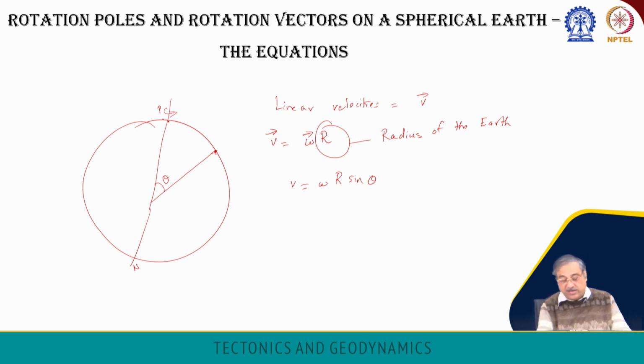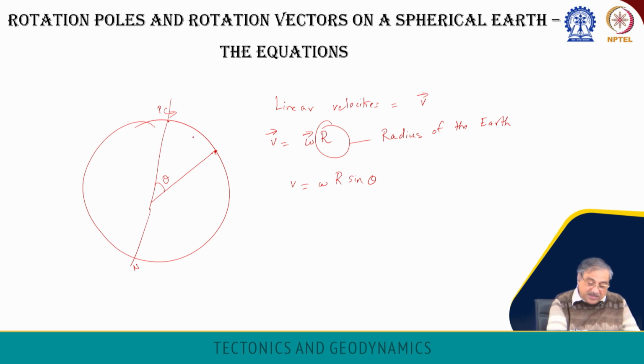So v is equal to omega r gives you the magnitude, and the direction depends upon the direction of the angular velocity vector, whatever is the axis of rotation. So when we talk about the direction of the angular velocity vector, this really specifies the orientation of the axis of rotation here. So v is equal to omega r sine theta is what we get.